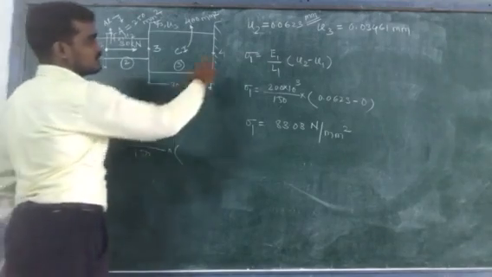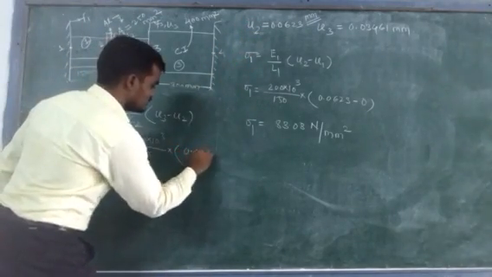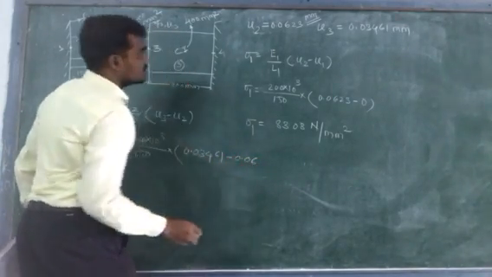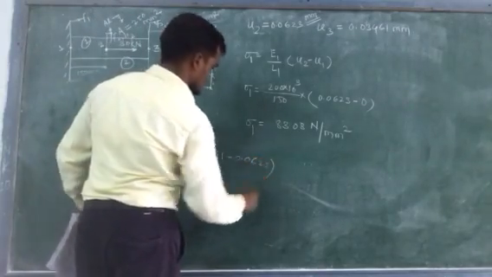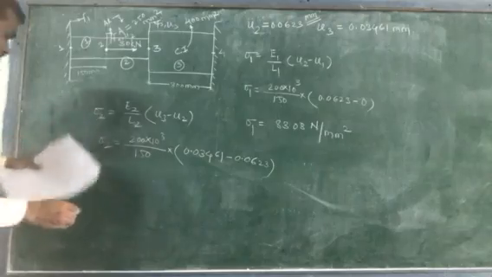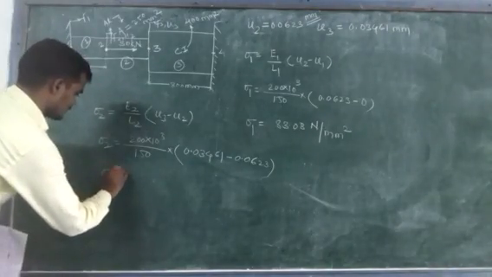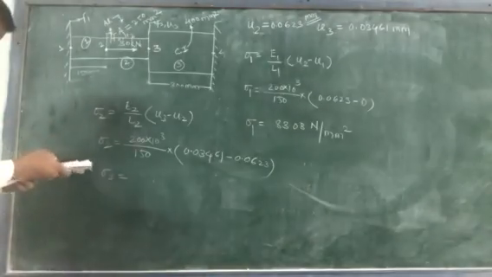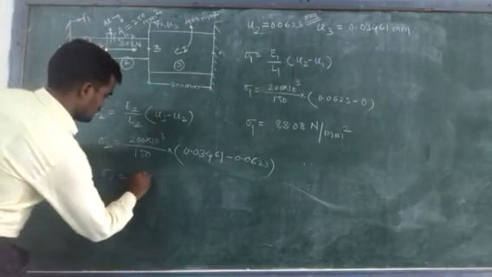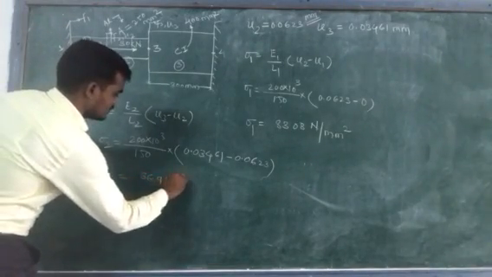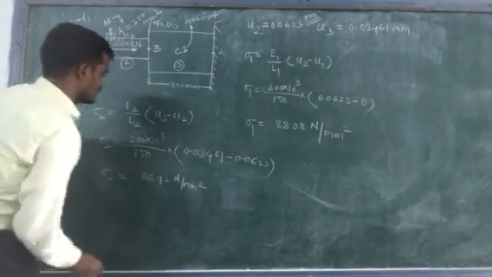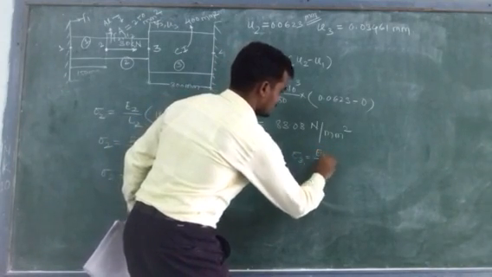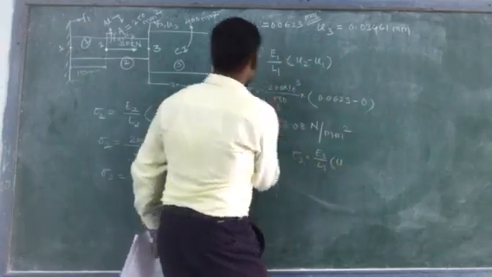Now U3 is 0.03461 minus 0.0623. So you will get sigma 2 equal to 36.92 Newton per mm square.